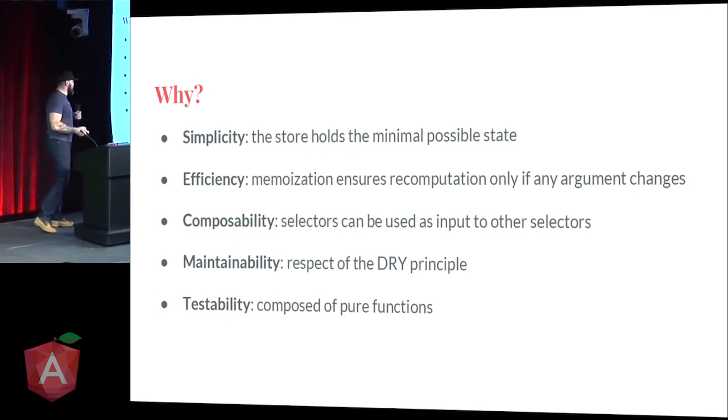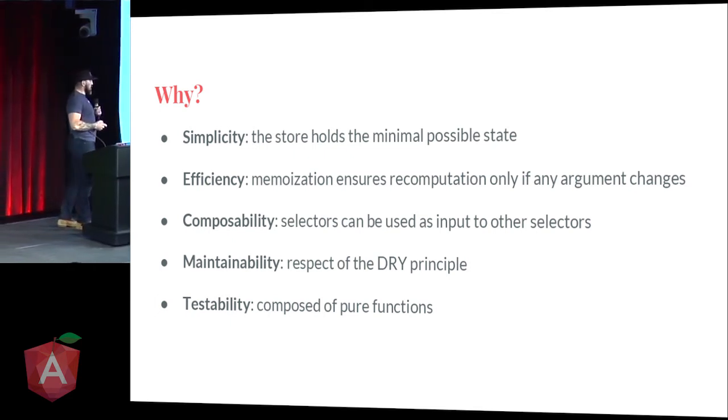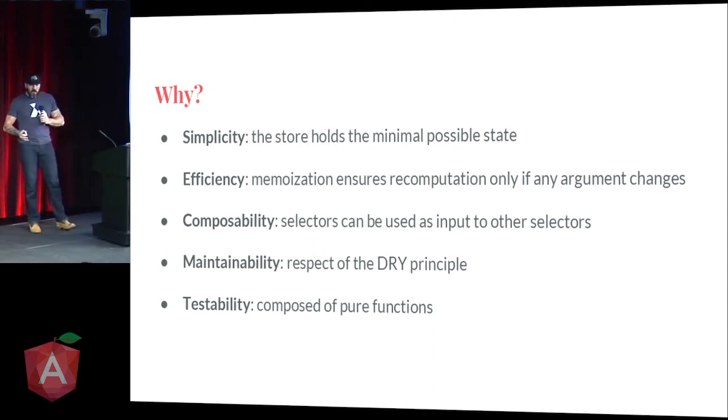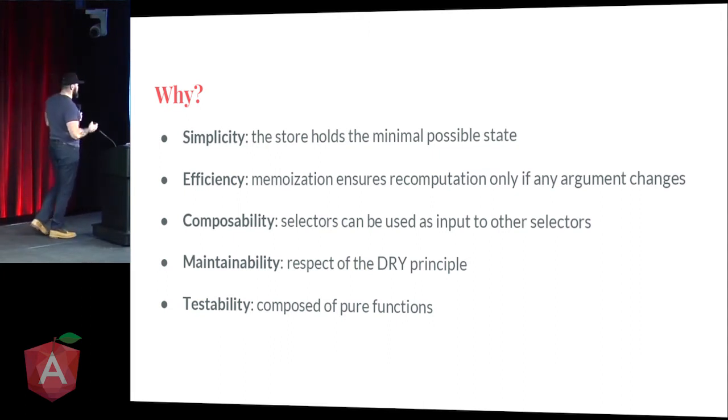Maintainability: you have less redundancy, because imagine you have components that are doing kind of the same thing, that are going to need the same data. You don't have to write the selector twice. You can use the same selector. And then testability: those are pure functions, so it's extremely easy to test. And also, you only have to test that information once because of the DRY principle.